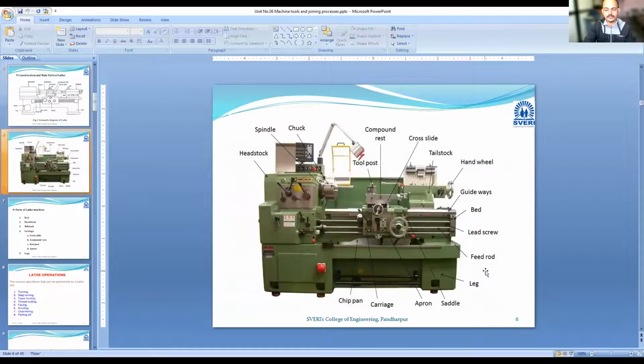Have you drawn this diagram? Yes, sir. Now you can check. I have uploaded notes, MCQs, and PPTs of this chapter. Can you check this within 1 minute? You can refer to those notes for the diagram also.